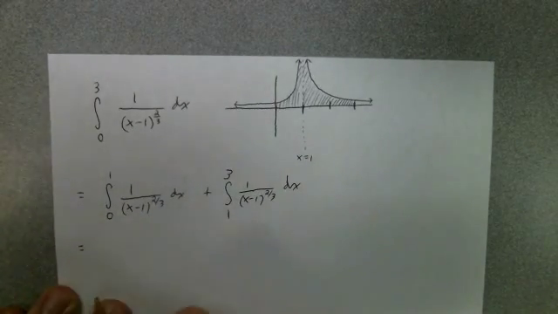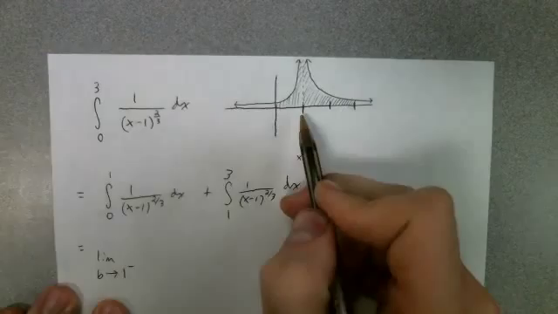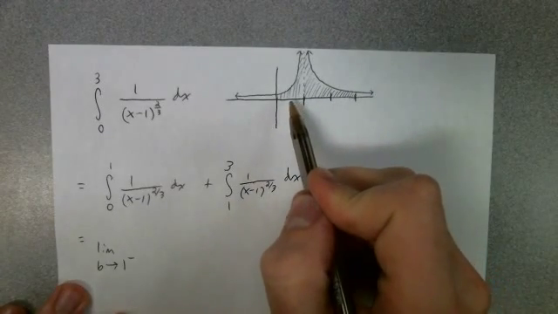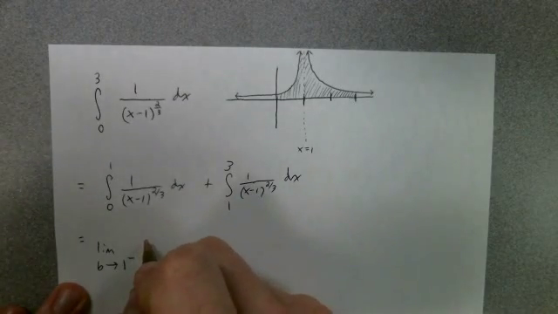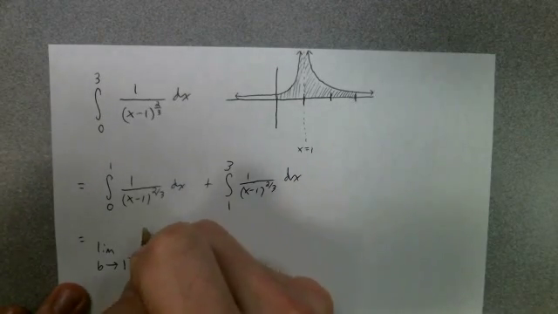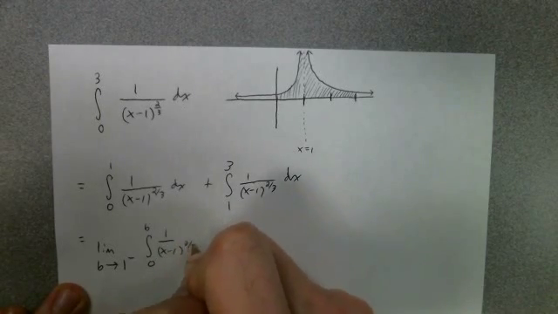So we've got to do the limit as b approaches 1 from the left. For this integral here, we're approaching 1 from the left side, of the integral from 0 to b of 1 over (x minus 1) to the 2/3.